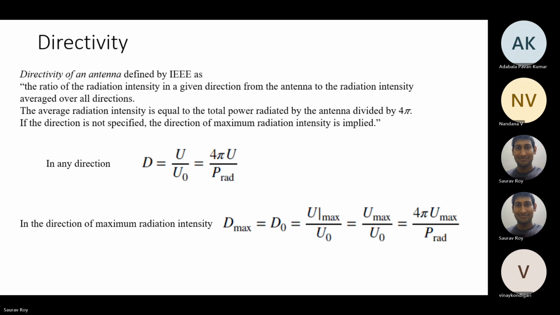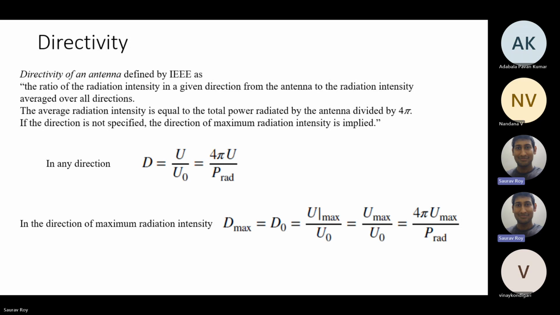Tell me if there are any doubts or questions. So this is the condition of an isotropic or omnidirectional antenna? Yes, isotropic. Then only will we have it uniformly spread in all directions. Yes.